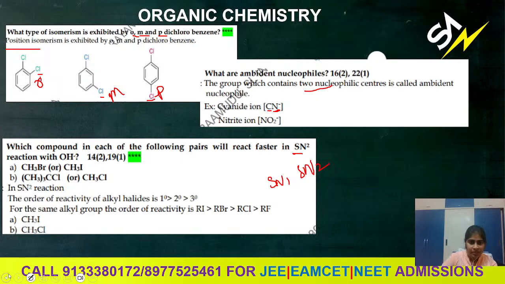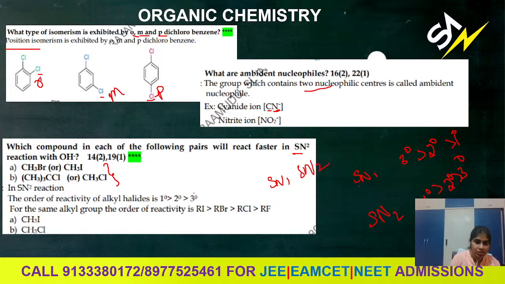For SN1 reactions, tertiary alkyl halides will react faster compared to secondary, compared to primary. For SN2 it is completely opposite. It means primary will be more reactive compared to secondary, compared to tertiary. So from the given options, search where is primary, where is secondary and where is tertiary. From that you can answer the reactivity of the SN2 reactions.